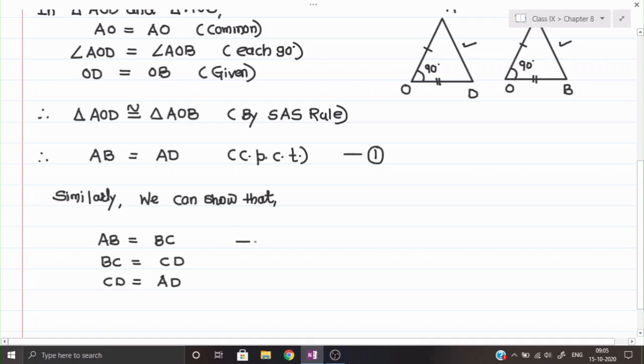This will be my equation number second, equation number third, and equation number fourth.